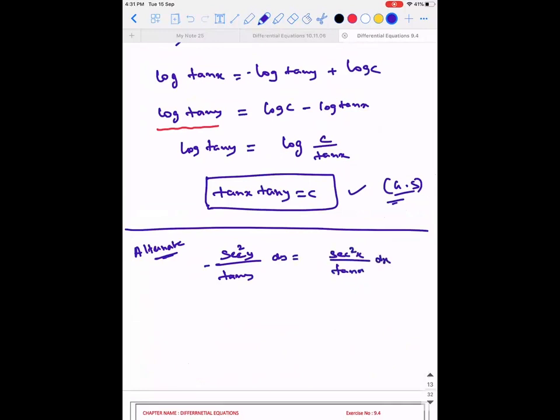If you observe, if I take tan y as t, the numerator is the derivative of t. So secant square y divided by tan y, what will you get? Minus log of tan y is equal to log tan x plus log c. You can solve it in this way also. Try to rearrange and solve the problem. You will still get the same answer.